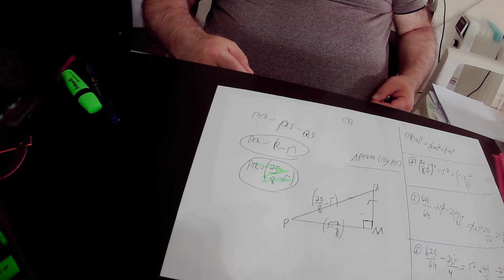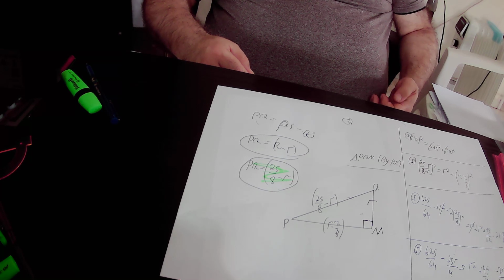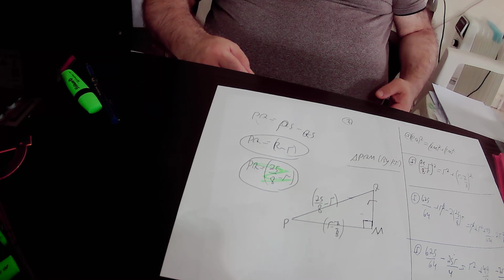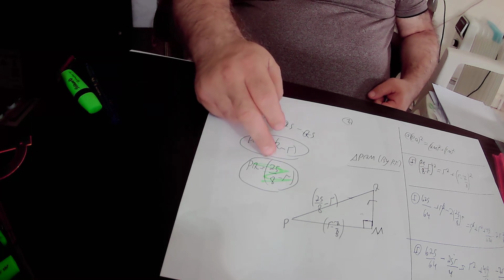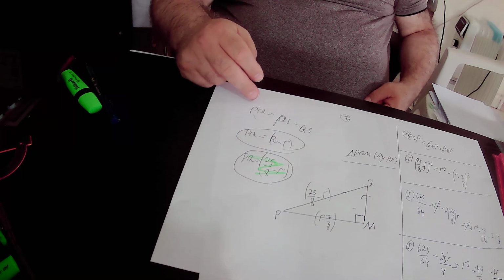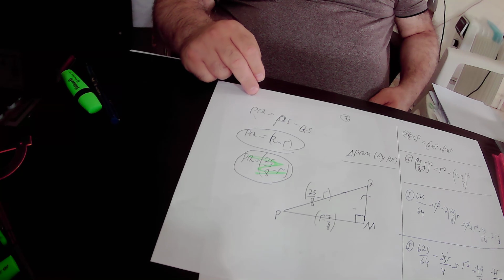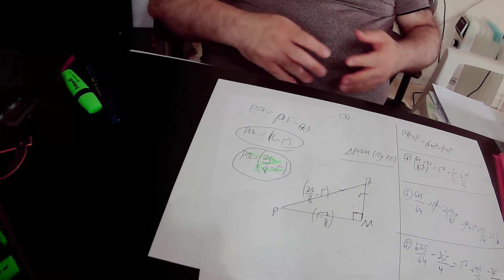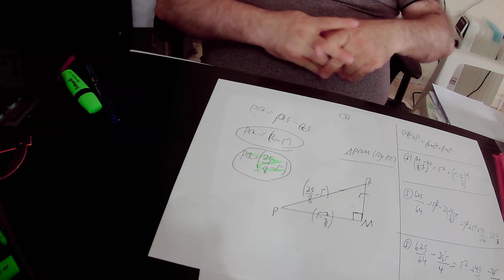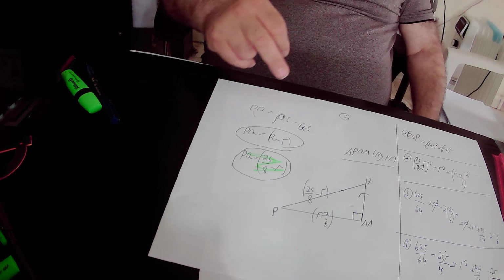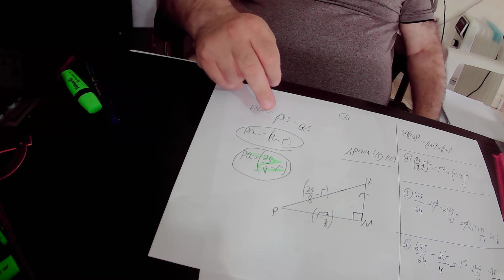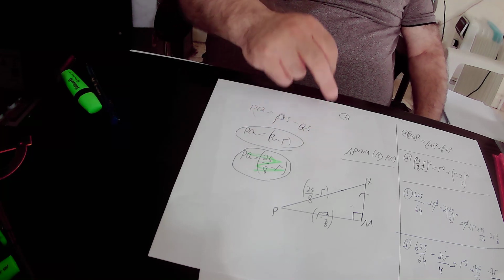But we already know the value of capital R, that is 25 over 8, so we can substitute: PQ, the hypotenuse, equals 25 over 8 minus small r.